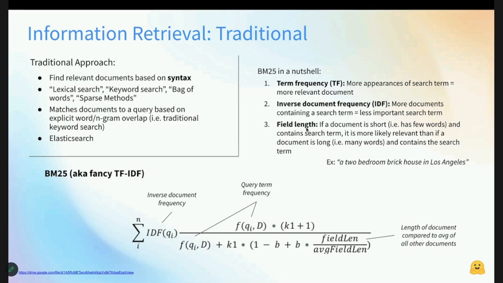And then the final component is field length. So if you have a short document and it contains a search term, that search term is more impactful to that overall document than if it was present in a much longer document. It has a higher weight in the document. And so these three components together make up BM25. And as I mentioned, this is the underpinnings of how search has worked for a long time.